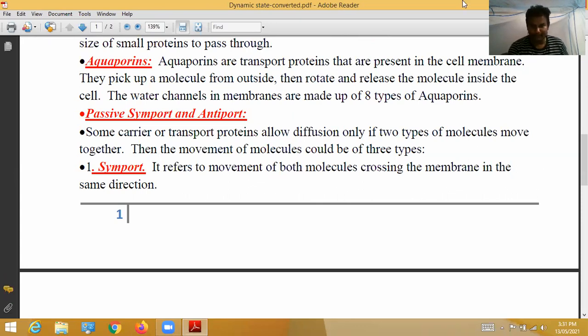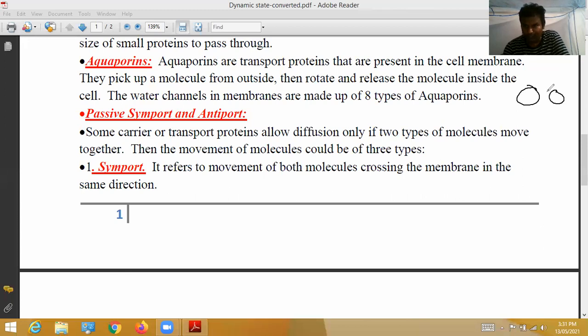Then the movement of molecules could be of 3 types, depending upon their molecular movement: one is called symport, another is antiport, and another is uniport.